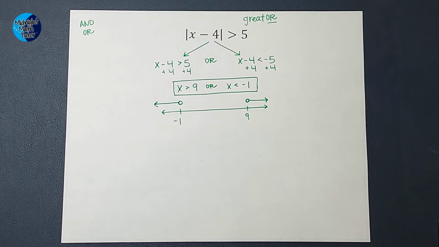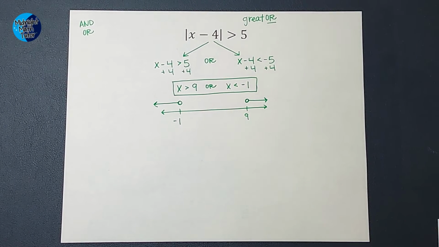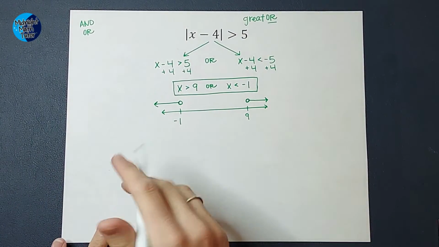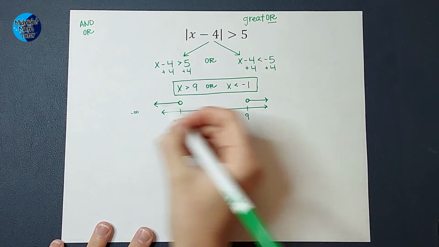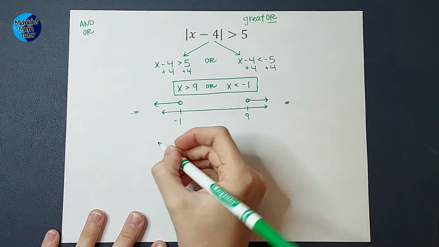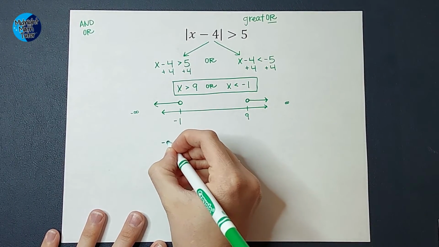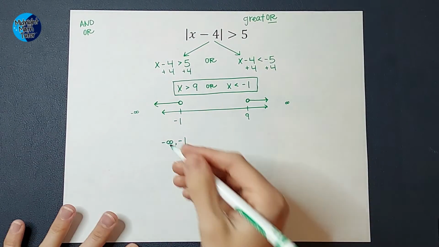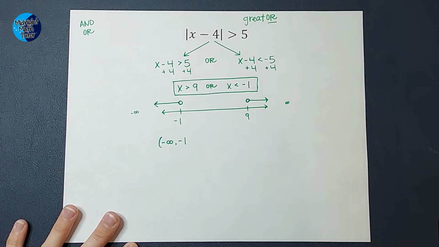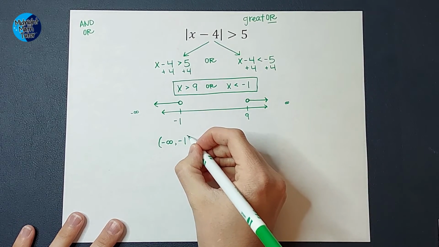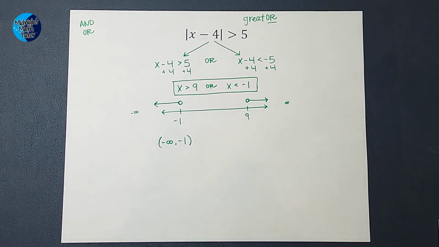Okay, now let's go ahead, if your teacher wants it in interval notation, we would say this goes to -infinity, right? And over here goes to infinity. So I would say you can pick any number from -infinity to -1, right? But infinity or -infinity always get a parenthesis. And -1 is going to get a parenthesis because it can't actually be -1.